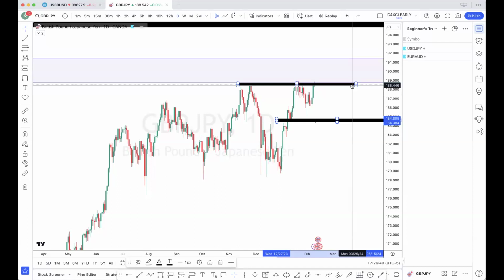But I'm even learning some more things about GER 30 because it typically doesn't start really moving until closer to New York session anyway. And then I was just tired of losing so much sleep and not really being as profitable as I thought I should be. I'm looking at GJ too. I'm open to whatever works.